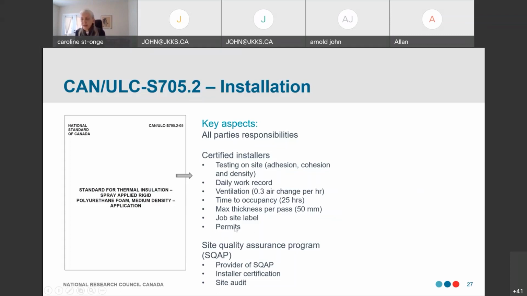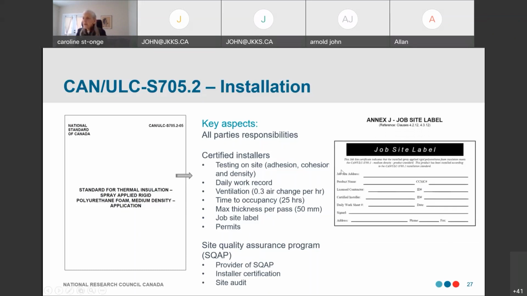And because, again, this is a site applied product, there must be a site quality assurance program in place. And it is a third party who provides that site quality assurance program. This provider of quality assurance will certify the installer and will ensure there are site audits. Any authorities, even a homeowner, can require a site audit done by the third party providing the site quality assurance program.